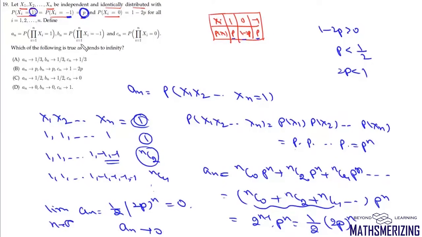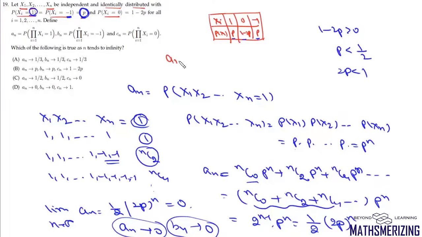Now in the same way, we can prove the result for Bn. So for Bn, we'll start with minus 1, and then we'll replace minus 1s with plus 1s. So we'll again end up getting the same expression. So from symmetry, we can say this Bn tends to 0. So An tends to 0 and Bn tends to 0. Now we know that either this product will be plus 1 or minus 1 or 0.